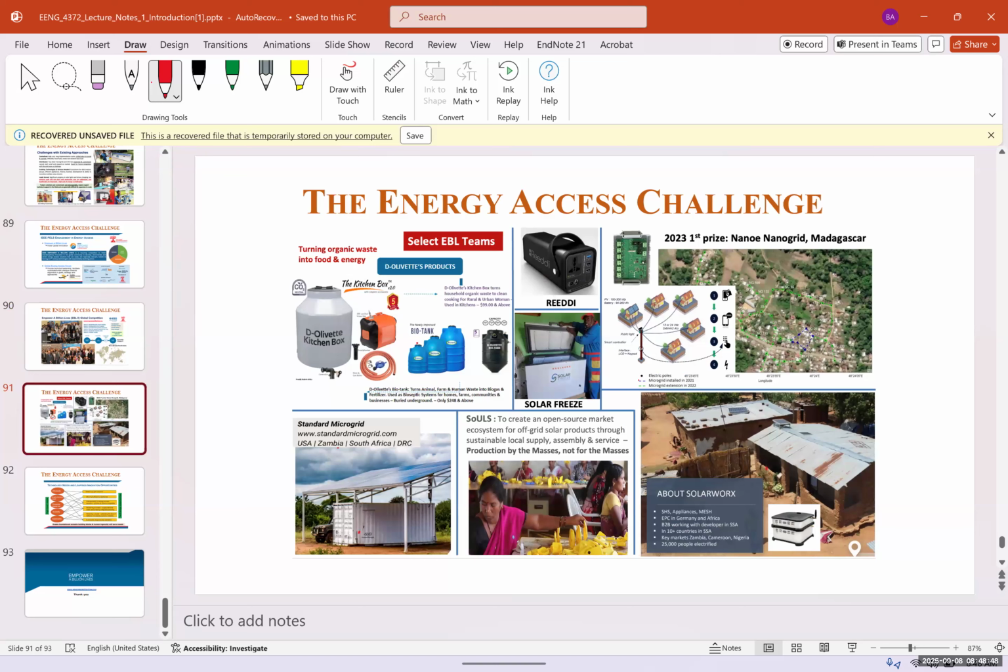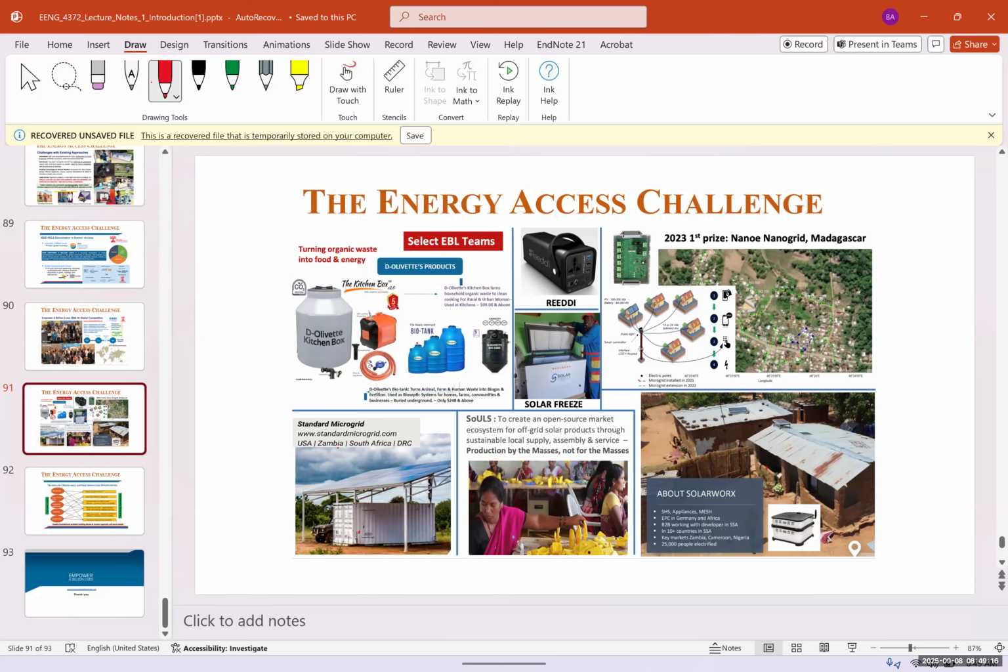Again, the access challenge that we have, this shows different situations and how we can utilize the regional power. One way to do that is to use local supply and local labor to build these devices.